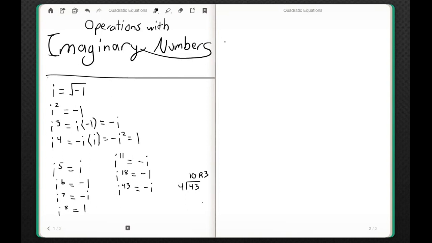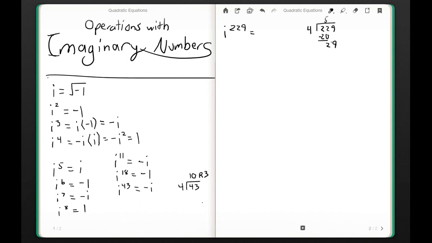Now we could even do something really high, like i to the 229. Again, all we have to do is some simple long division. So let's do it. 4 goes into 22 5 times. Subtract that. Bring down the 9. It goes into 29 7 times.